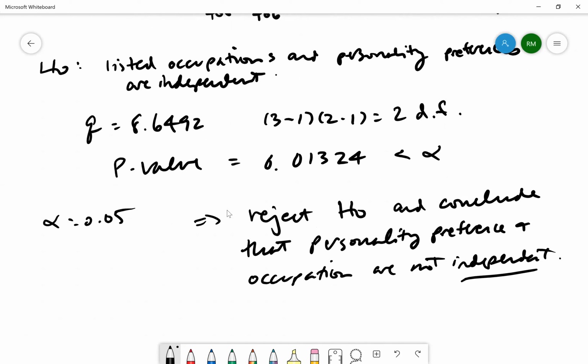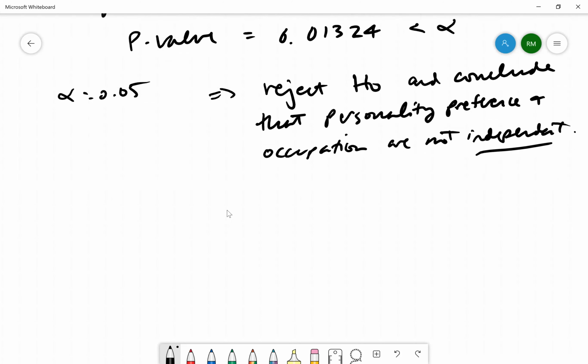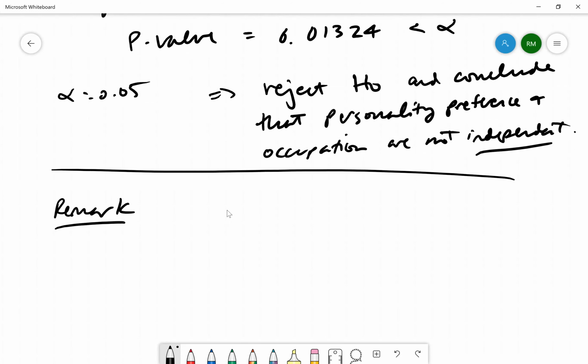Of course, anyone who knows things about the clergy and lawyers knows that they're different. There are way more extroverts among the clergy, but how different they are, this test does not conclude. The data in these tables is stored in what we call a contingency table.